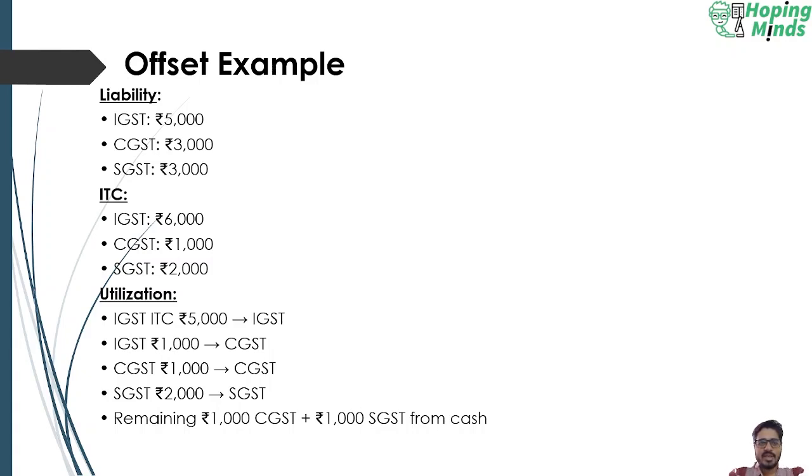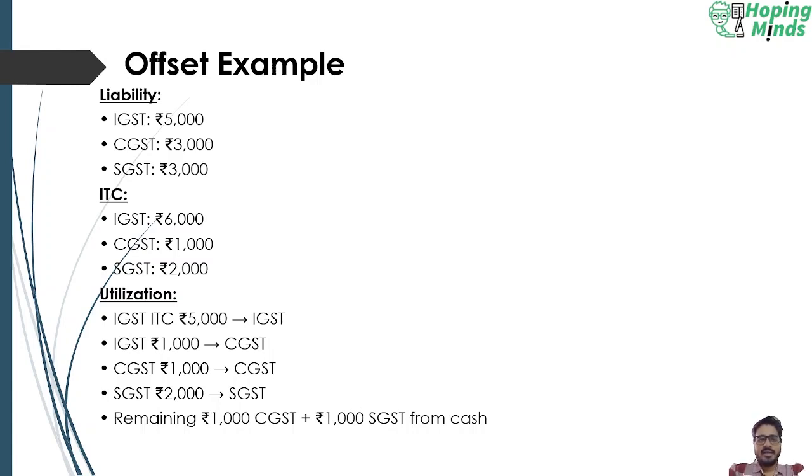The IGST input tax credit of rupees 5000 will be first utilized to pay the IGST liability of rupees 5000, and the remaining 1000 IGST input tax credit shall be utilized to pay the output liability towards CGST.